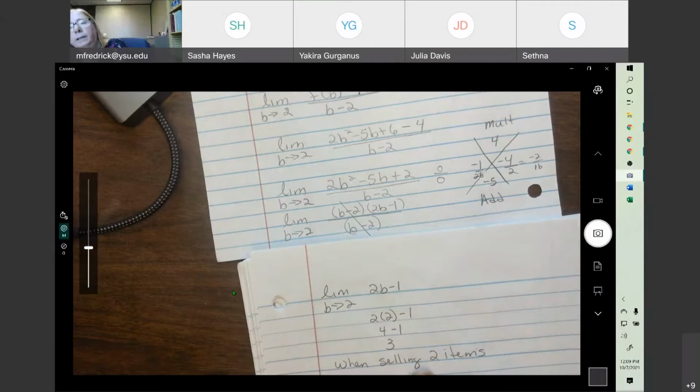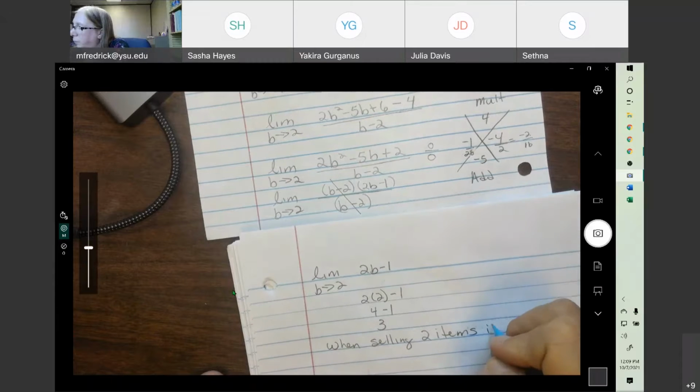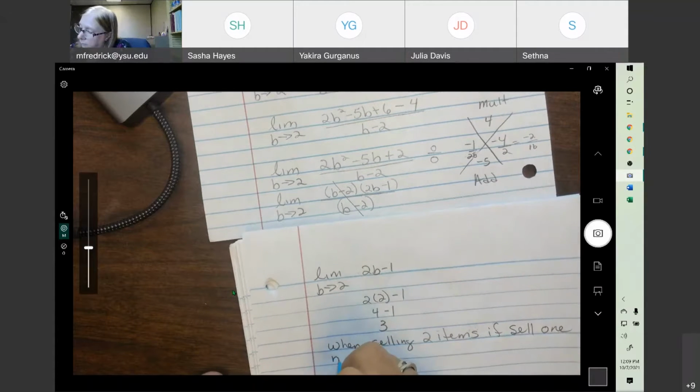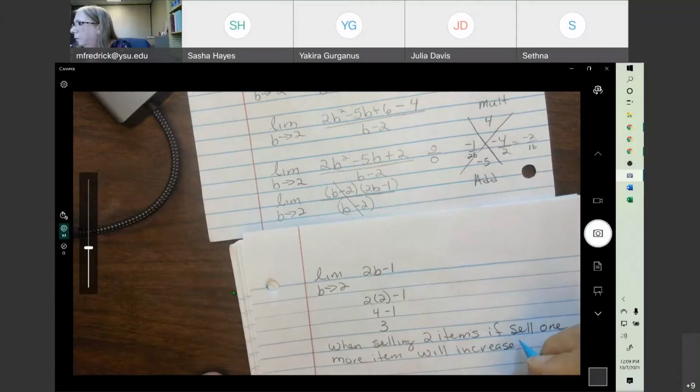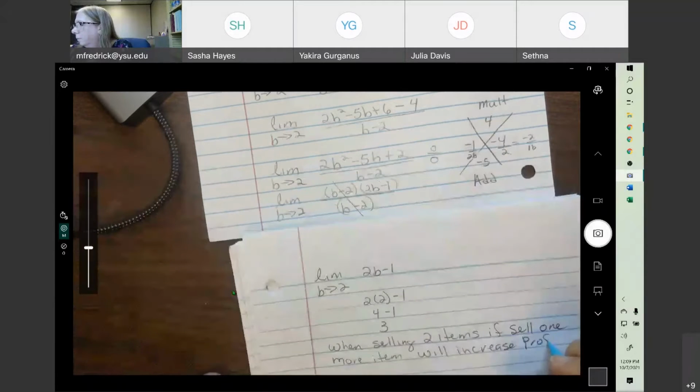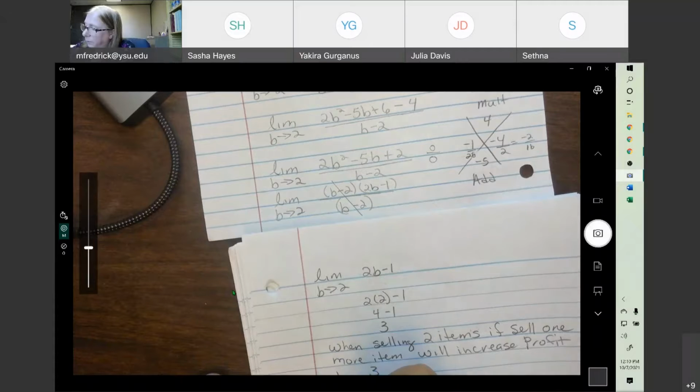We were finding the limit at 2. So when selling 2 items, if you sell one more, it will increase profit by $300.